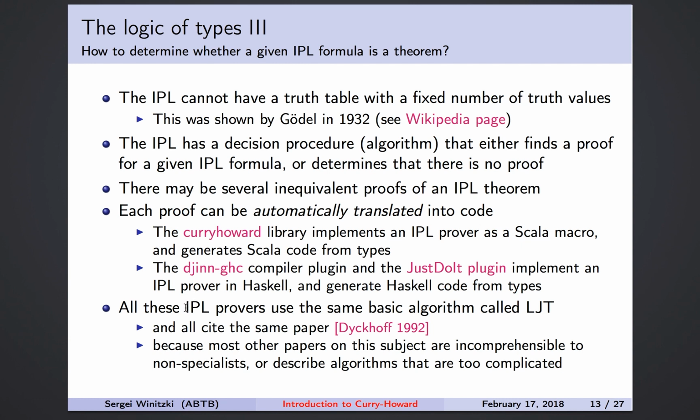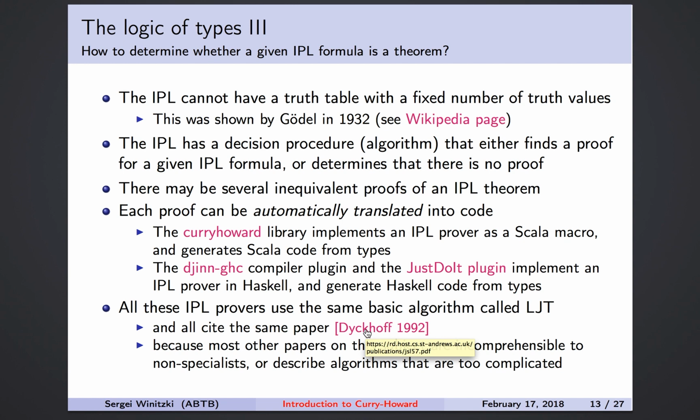It is interesting that all these provers, and there's a few others, there's one more for the Idris language that I did not mention here, they all use the same decision procedure or the same basic algorithm, which is called LJT, which was explained in a paper by Dyckhoff here.